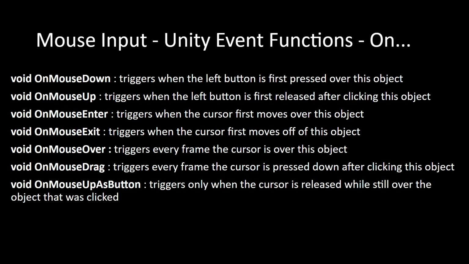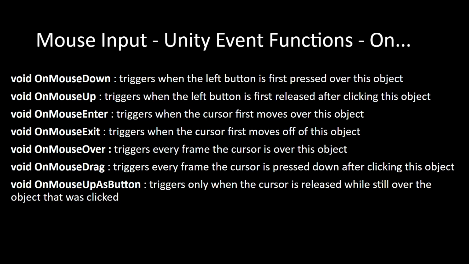Does it need a collider? I think it needs a collider, but it might not. We'll double check that. So we have a bunch of different Unity events on them: on mouse down, on mouse up, on mouse enter, and on mouse exit, which just means if you hover over that or you move the mouse on top of it. On mouse over, let's see, enter, exit, over, drag.